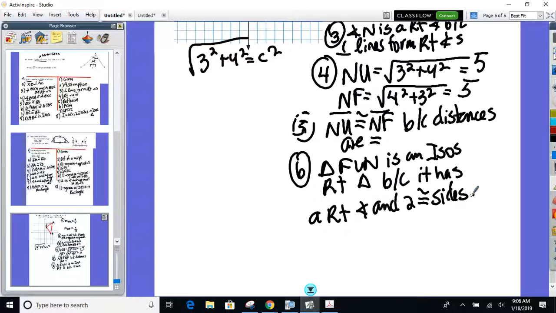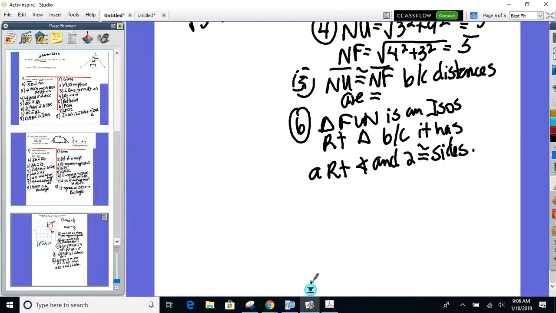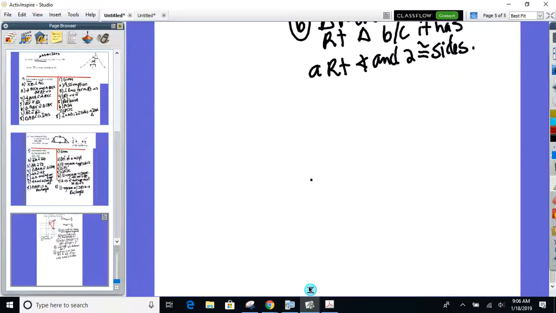Anything else? Hi, Grace. What are the 5 proofs? The 5 that it could have possibly been, what do we say, parallel and perpendicular lines? Quadrilateral proofs.